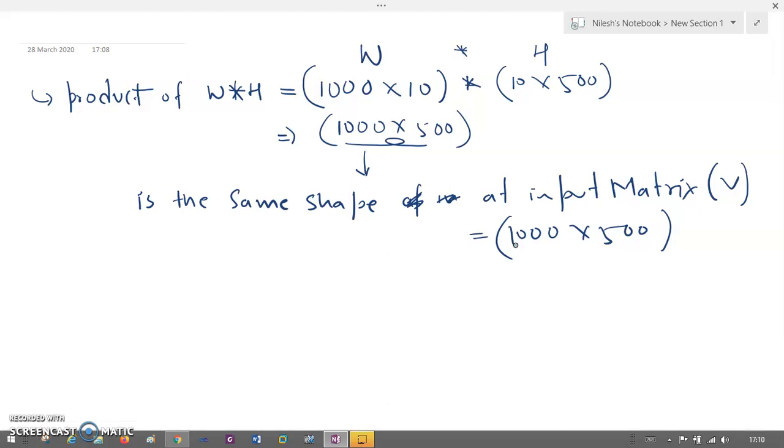Next, W cross H, the multiplication, is a linear combination. So 1000 cross 10 is multiplying with H, 10 cross 500. So the V that you are getting is a linear combination of these 10 column vectors. Are you getting this?